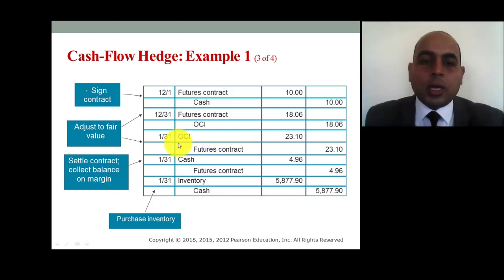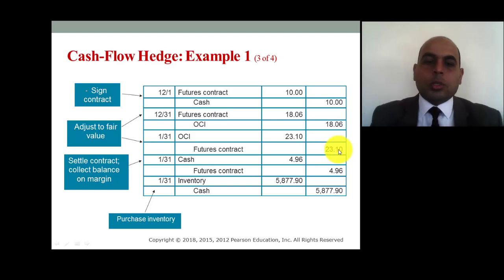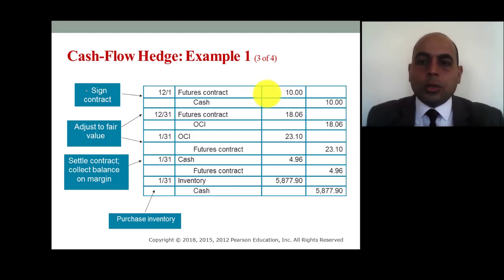Other comprehensive income will be debited as a loss by 23.1, and the future contract will be credited by 23.10 or 23.1. So here in total we are talking about the future contract debited by 28 and credited by 23.